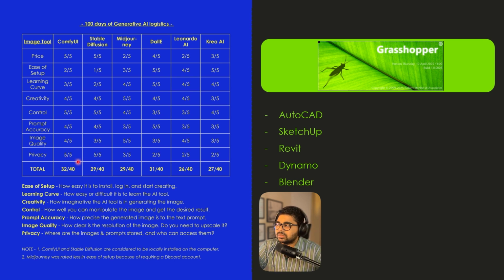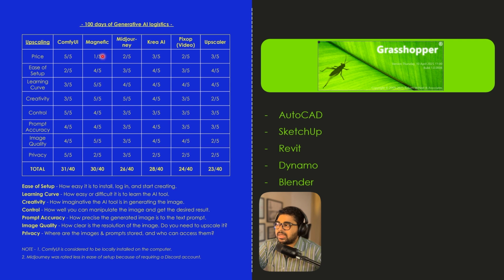I also tested ComfyUI with upscaling tools like Magnific, Midjourney, Krea, Pixop, Upscaler, and I still think ComfyUI is the better tool because now you don't really have to only upscale with SDXL. You can upscale with Flux. You can upscale with HiDream. And also, in the recent update, if you have seen, ComfyUI has come up with an API, right?